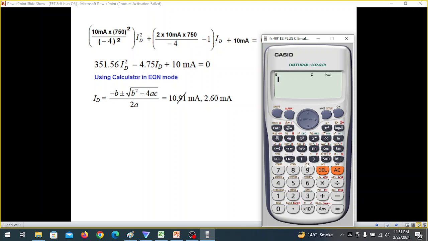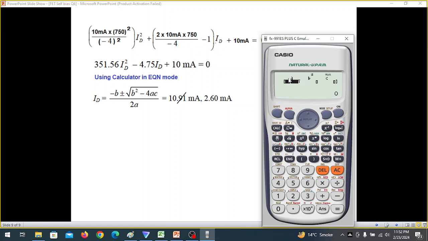We press shift and clear, 9 is for clear all, 3, yes, equal sign and AC. So it is all clear. And now we'll move into the equation mode. So press mode, switch. This 5 is for equation. So 5. And in our case, it is a quadratic equation. So 3 is our option.